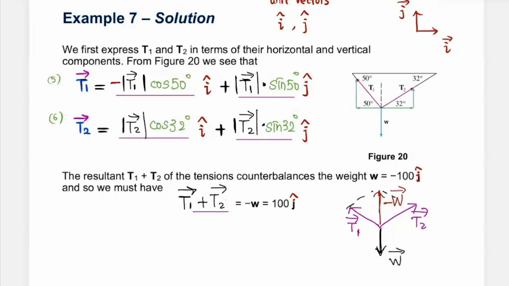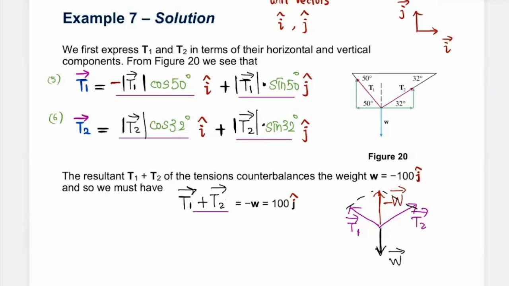If you combine T1 and T2, it should be opposite of the weight. The weight pulls down, and this one counterbalances it, so it should go up. So T1 plus T2 should be up. It's the opposite of the weight.